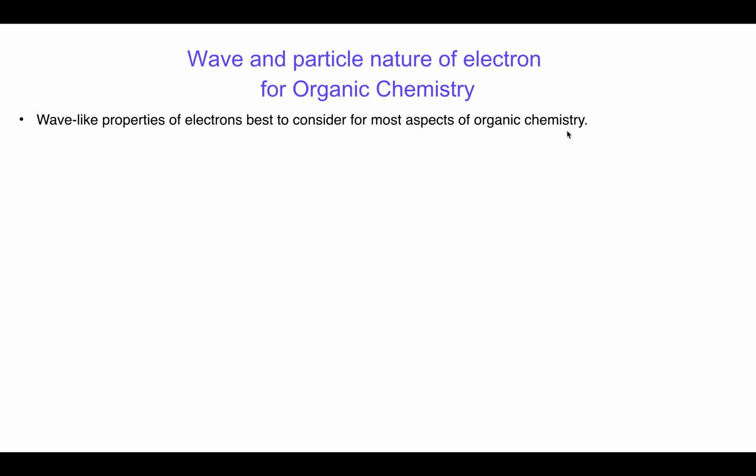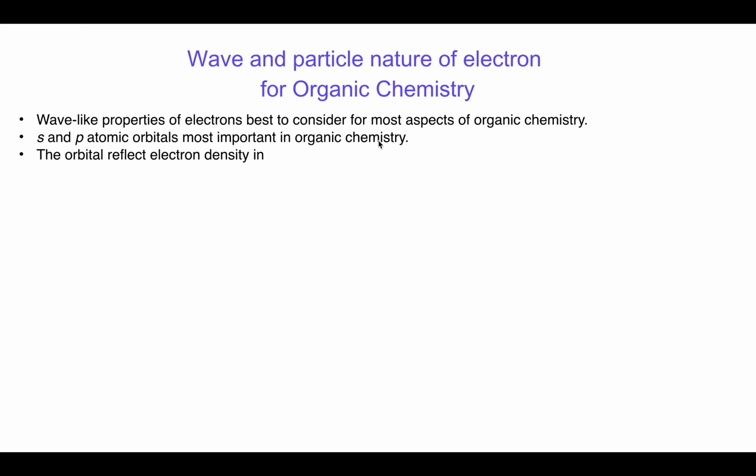So we will be considering these wave-like properties of the electron. We will be talking about these structures and chemical reactions in terms of electron densities rather than the particle nature of electron. And as we said before, s and p orbitals are the two most important orbitals while we are discussing organic chemistry, the structures of molecules as well as the chemical reactions.